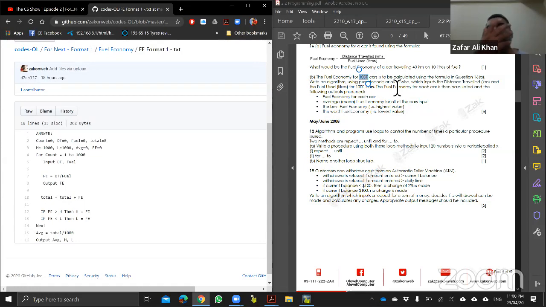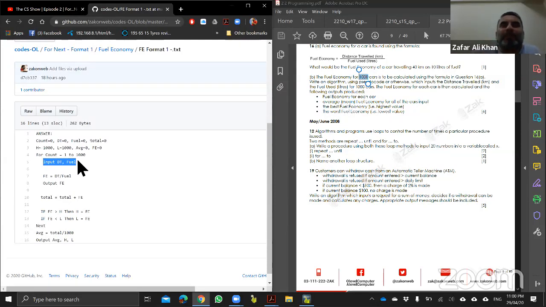So it boils down to just pseudocode. The algorithm should input the distance traveled in kilometers and the fuel used. For distance traveled we use dt as the variable, and for fuel used we use the fuel variable.